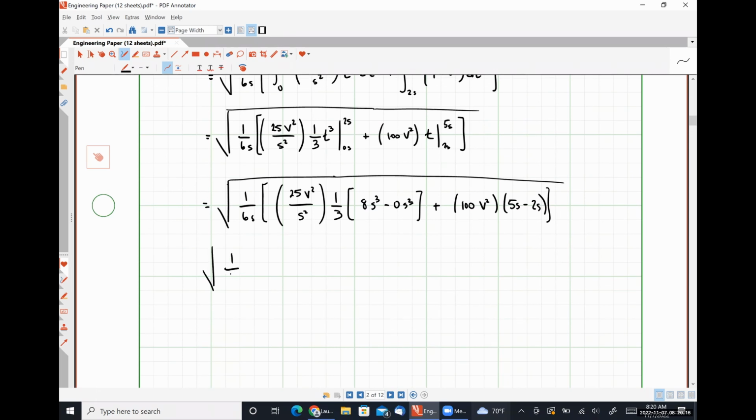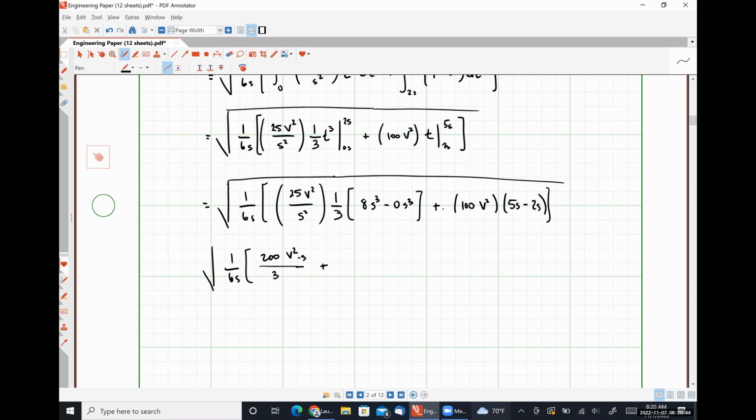So I have 1/6 seconds. So let's see, 25 times 8 is 200, and then over 3. And then I have volt squared seconds there. Just making sure I've got everything correct there.